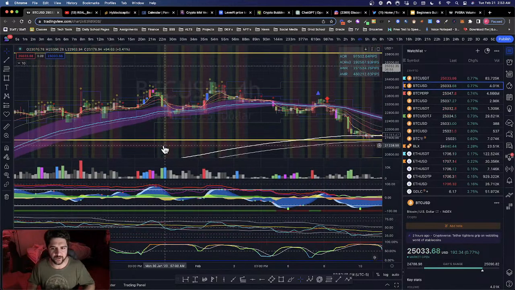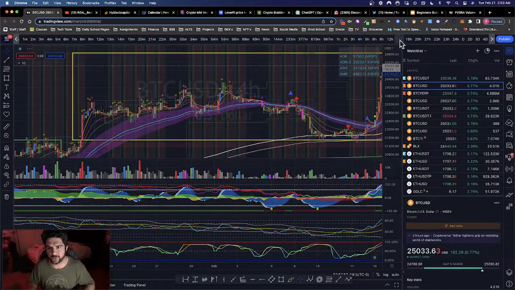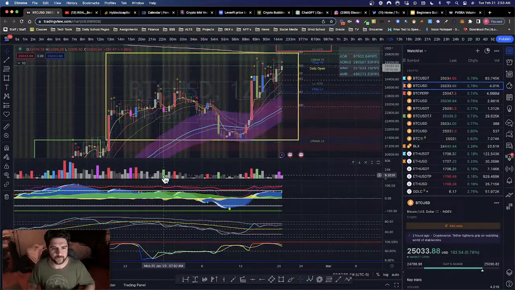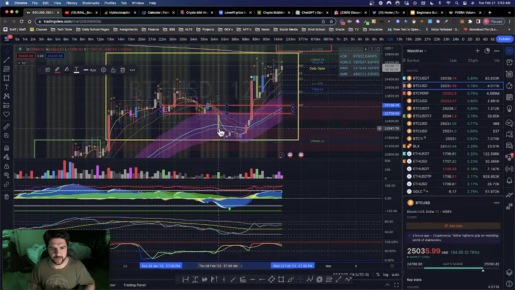This is where PVRSA volume can come in really well, because, for example, if you go to the 12-hour, you know that they are long from this stopping volume candle here. That's a point of interest that you wouldn't want to see break if you want to continue level 2. You can see that this long is below that long, and now you have another long up in here.